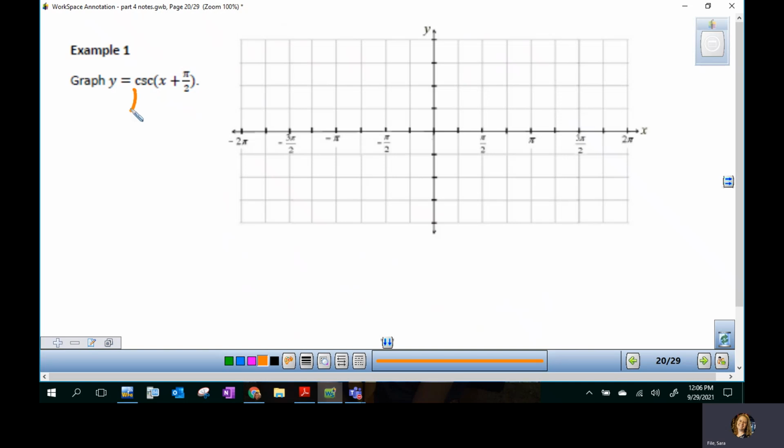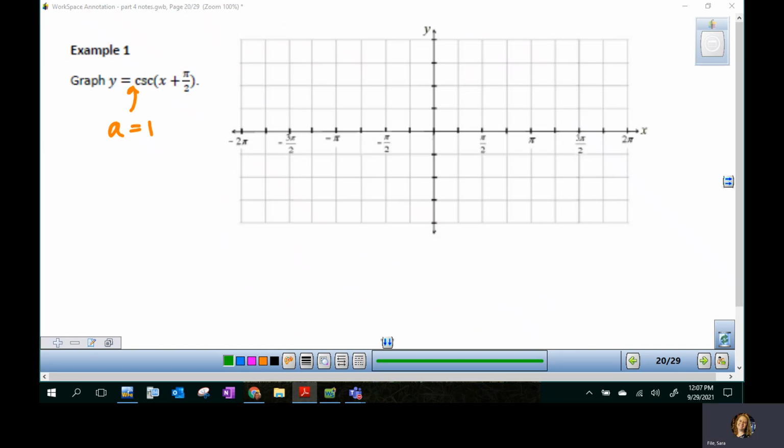Okay, so A is the coefficient in front of the trig function, which here there is no coefficient, so it's an understood 1. So that tells me that there is no vertical stretch or compression. Okay, it's going to be the same height as the parent function. Okay, what about B? What is the B value here?